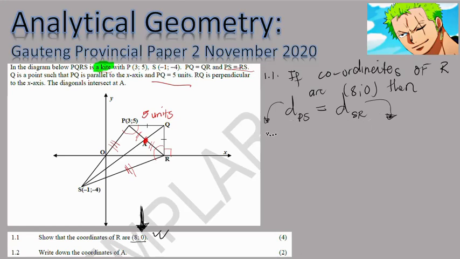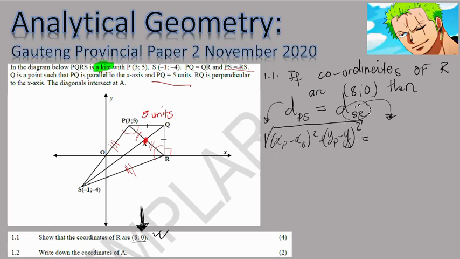So the distance of PS, I would find it by using the equation square root of x at P minus x at S squared plus y at P minus y at S squared, right? That is the distance of PS.